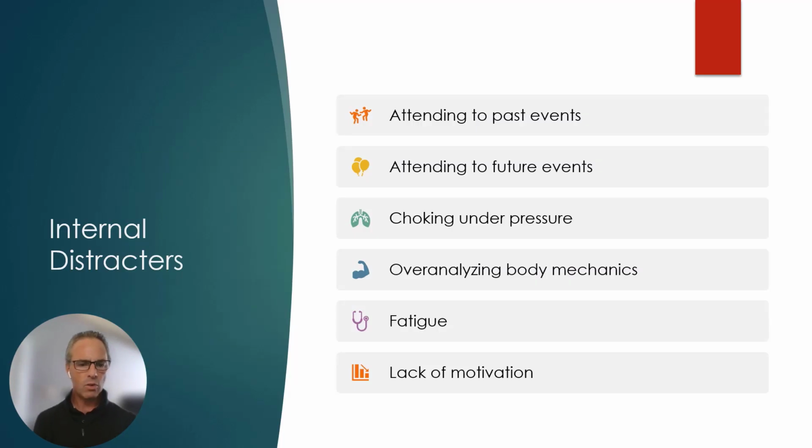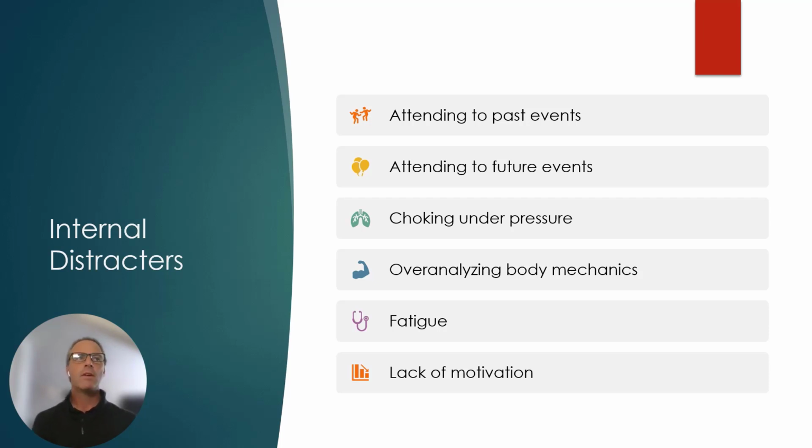All right, so when we have internal distractors, again, this could be attending to past or future events. This is thinking about the last time I did this, I choked under pressure. That would be an internal distractor. Overanalyzing body mechanics, right? Becoming too consumed with how our body is moving in space will cause an internal distractor, as well as fatigue and lack of motivation.